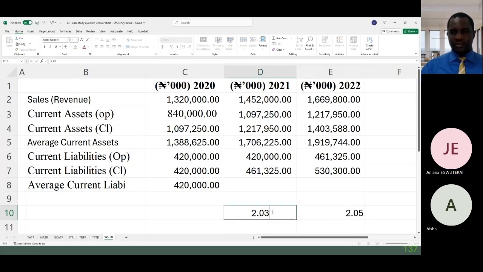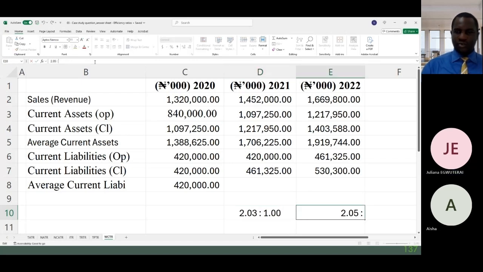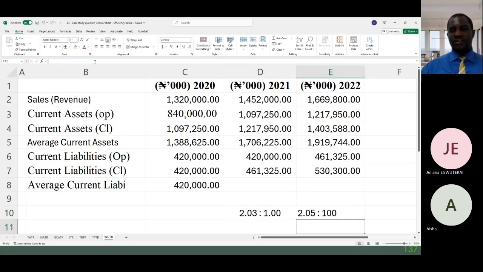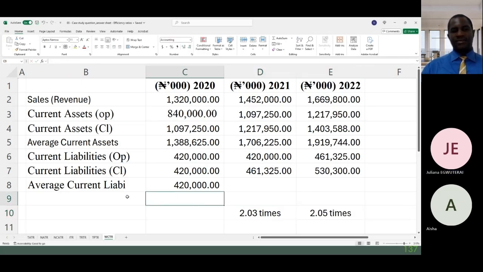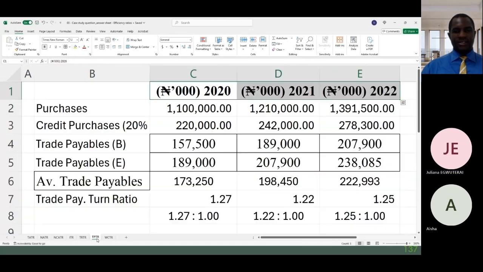So we're saying 2.03 is to 1, which is revenue. And 2.05 is to 1, which is revenue. How many times? Well, we'll not put the decimal, we'll just call it 2.3 times. Okay, times. That's what we call it. So, yes, 2.3 times, just like we did with these ones.